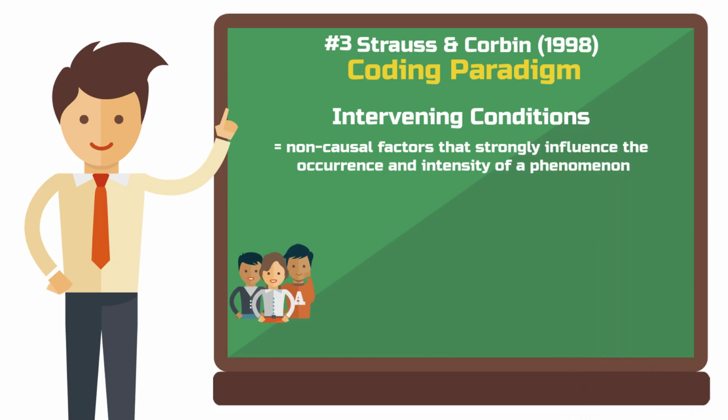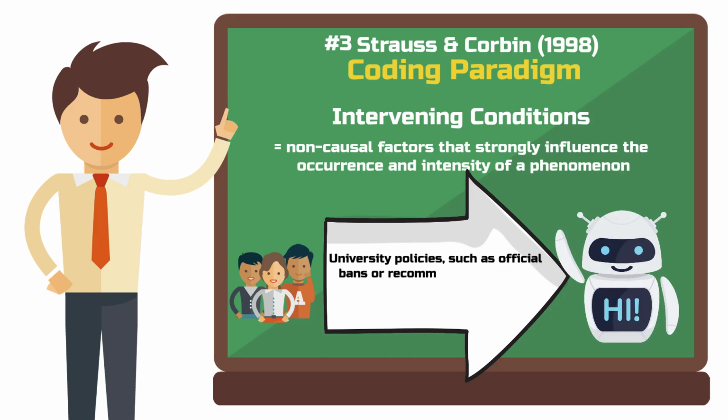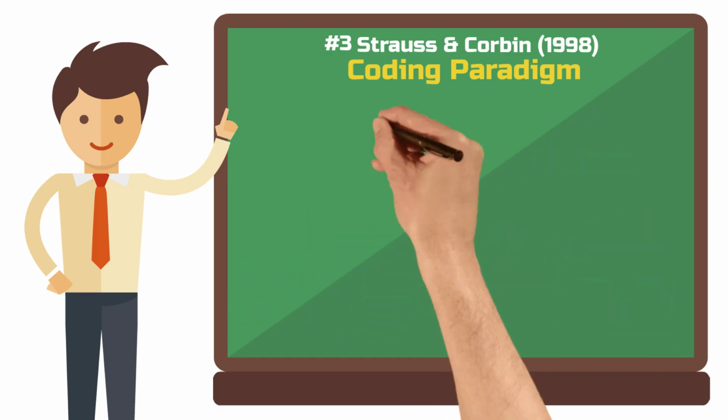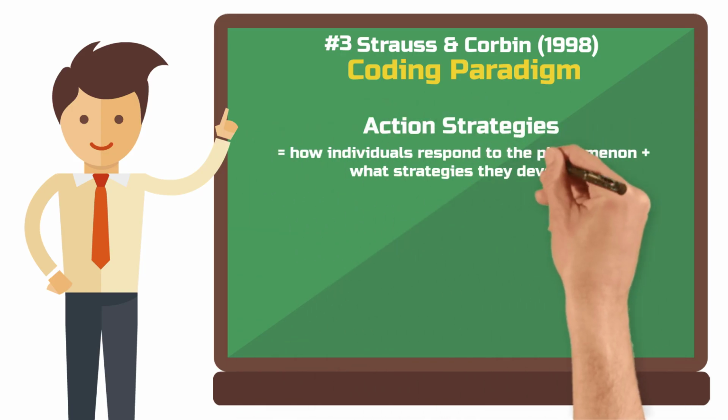For example, institutional university guidelines like official prohibitions or recommendations regarding AI use, existing knowledge about AI or students' general technical affinity. Action strategies examine how individuals react and what strategies they develop.